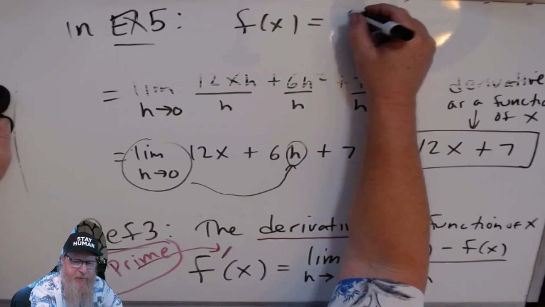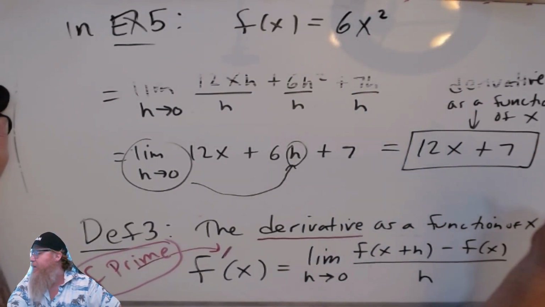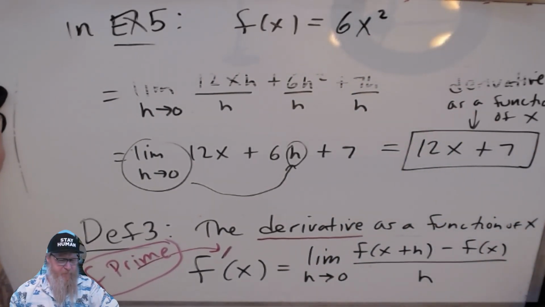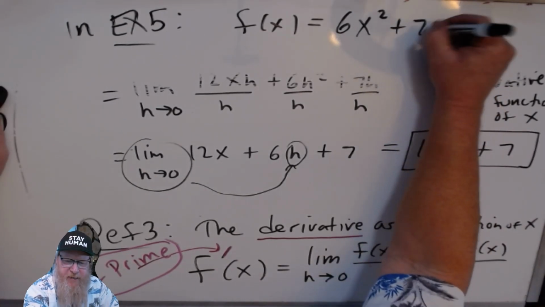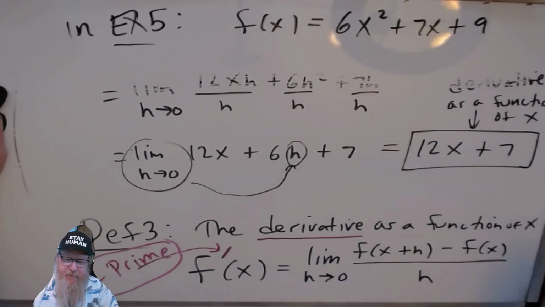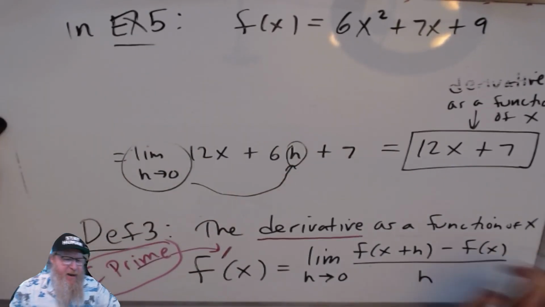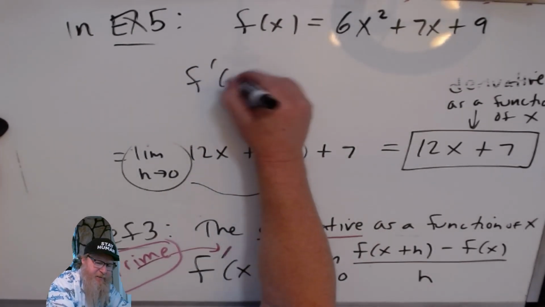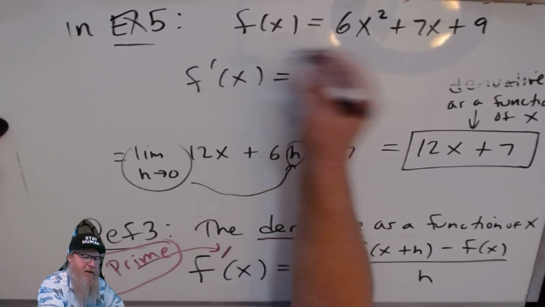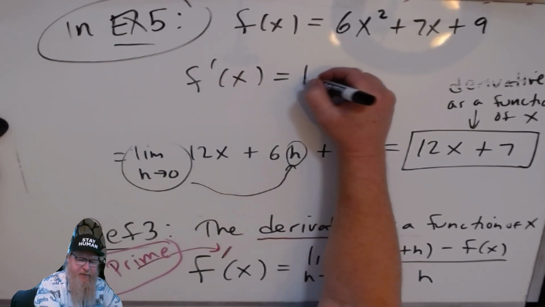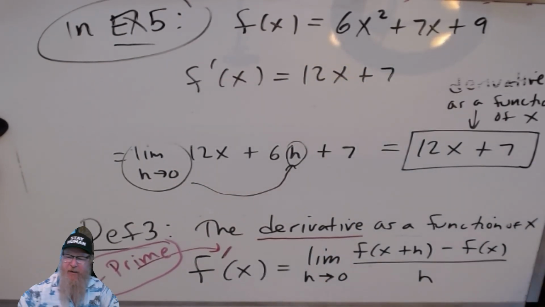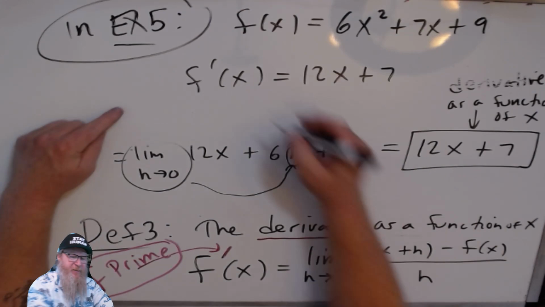It was 6x squared plus 7x plus 9. Yeah, that was it. And then f prime of x, I'm just summarizing the example that I just did. I'm not changing anything, trying not to. So this is f prime.